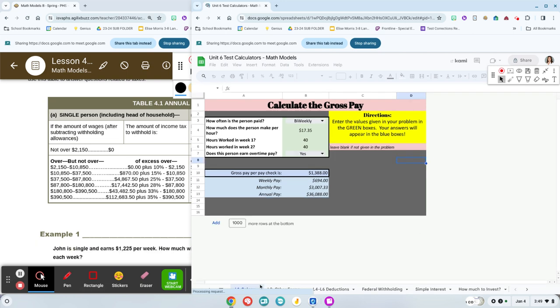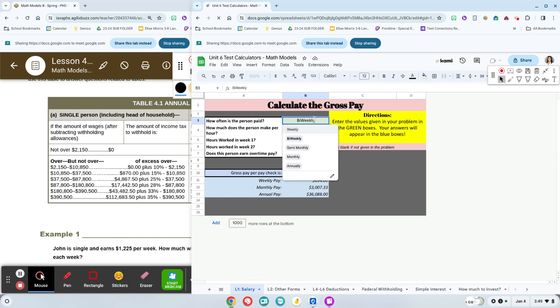At the bottom, you'll be able to select, it's this blue tab at the bottom. It's just the first thing, gross pay. If he earns $12.25 per week, let's go ahead and practice this. We're reviewing for our test.